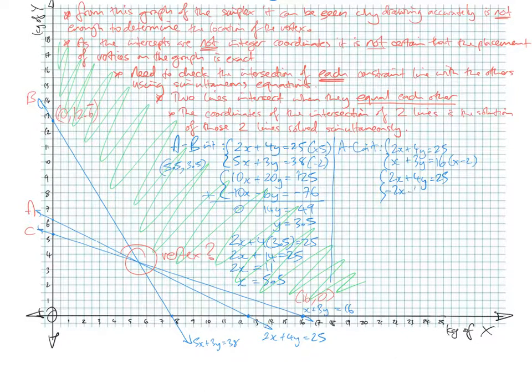Negative 2x take 6y is equal to, I think it's negative 32. I hope that's correct. I can add them together to solve by elimination. 2 take 2, 0. 4 take 6 is negative 2y. 25 take 32 is negative 7. Y is going to be negative 7 divided by negative 2, which is positive 3.5.